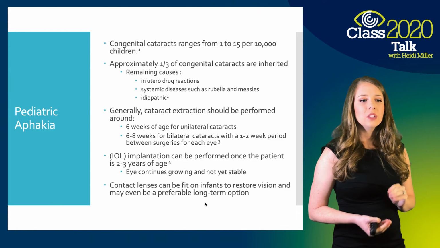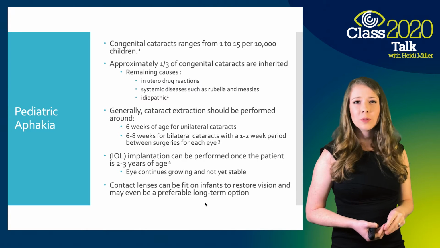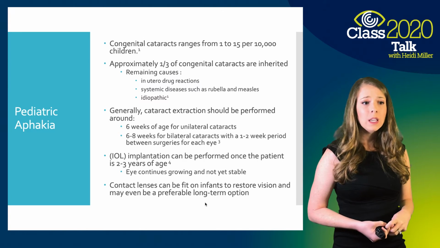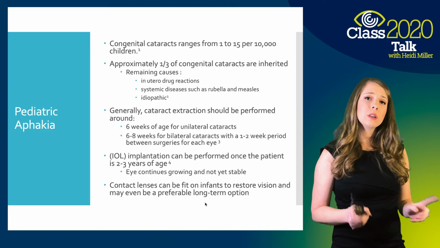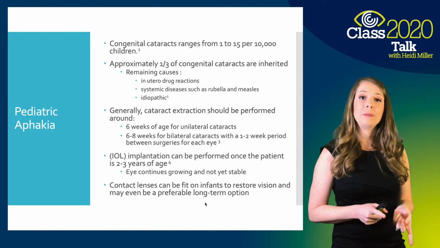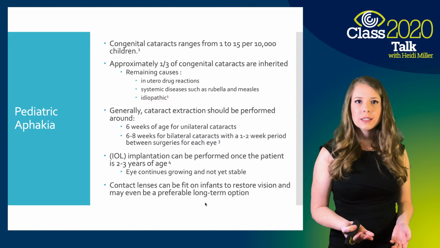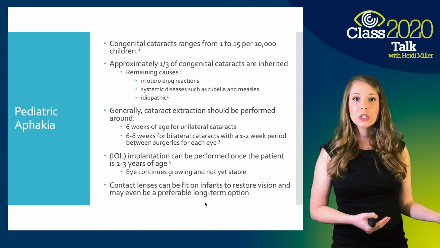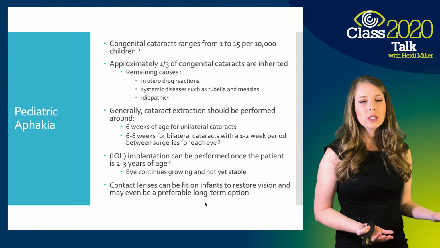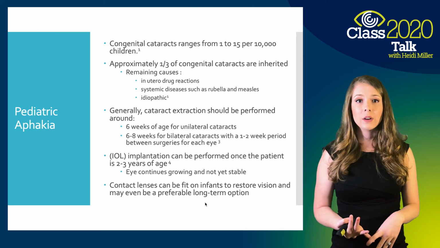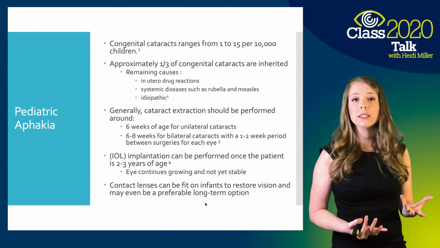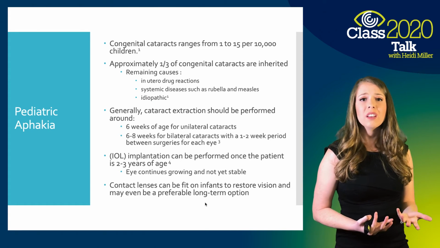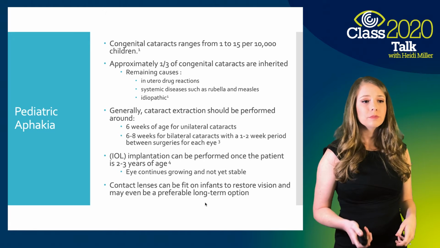Generally, cataract extraction is usually performed around 6 weeks if it's unilateral, and 6 to 8 weeks for bilateral, because we usually leave about a 1 to 2 week window in between each eye. Now, obviously, if the cataract is not detected until later on, then the surgery is going to occur later. But the sooner we can get that cataract out and get a contact lens in their eye to start promoting visual development, the better.